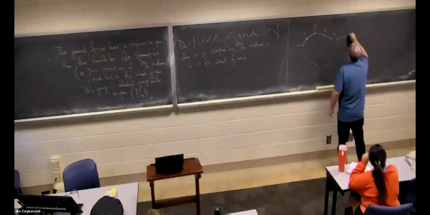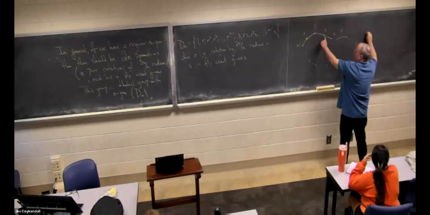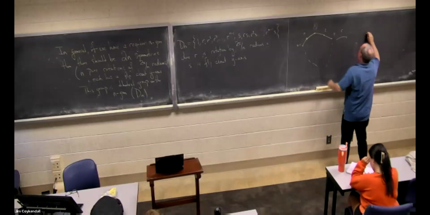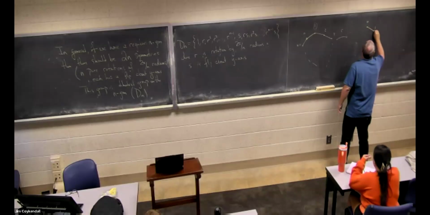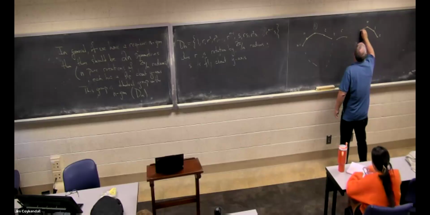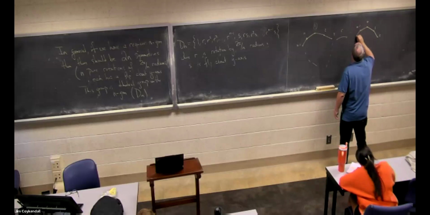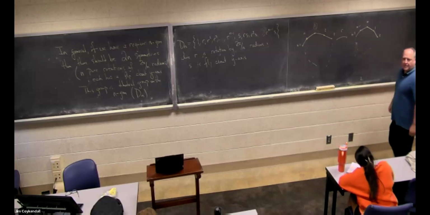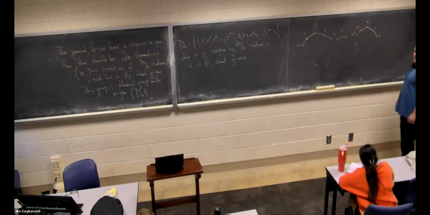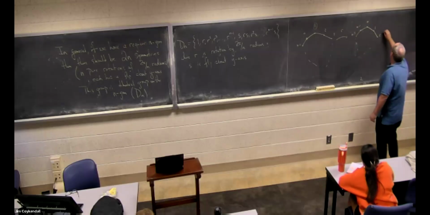If I rotate this 2 pi over n clockwise, this becomes now the top: n, 1, 2, n minus 1, 2. Everybody agree? And what happens if then I do S?